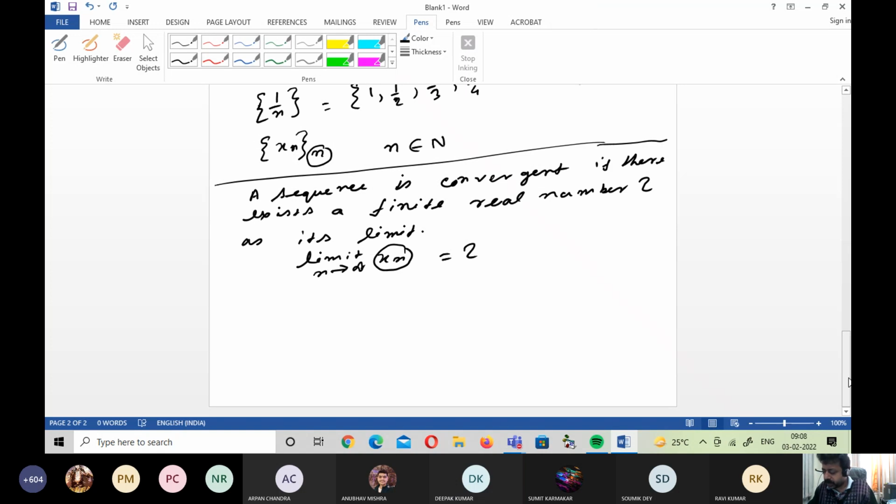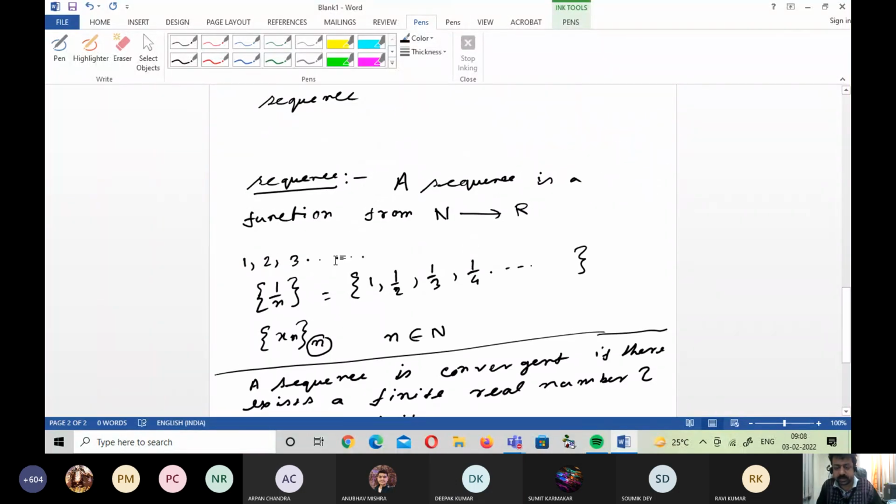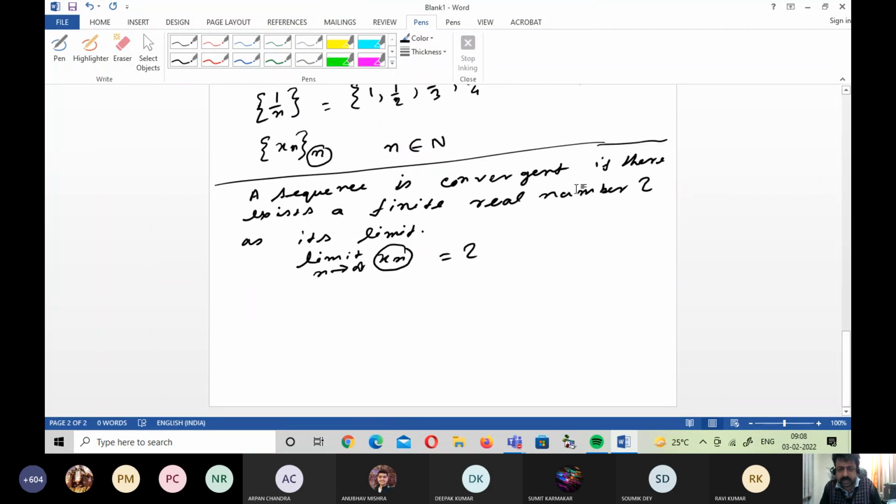Yes, sir. A sequence is convergent if there exists a finite real number L as its limit.